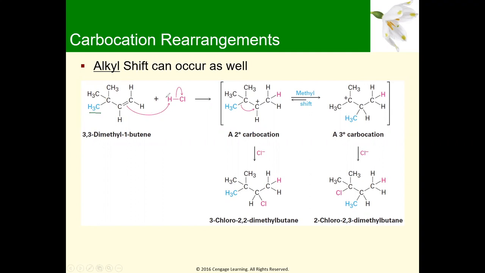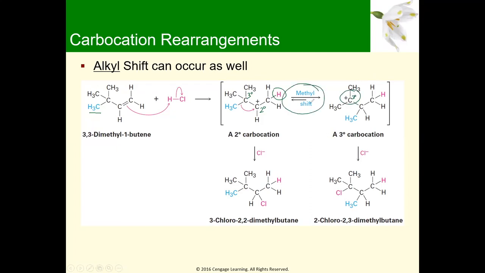So this alkene reacts with this HCl, adds the hydrogen to the least substituted carbon to create the most substituted carbocation. But wait, that's a secondary carbocation. Well, I'm looking at a tertiary carbocation right there, if I can move one of these methyl groups over. And so that's what happens. This methyl group moves over, and you now get a tertiary carbocation, which is more stable.